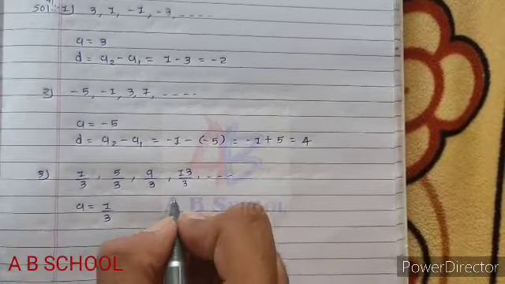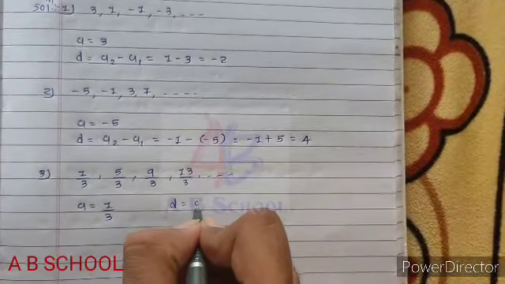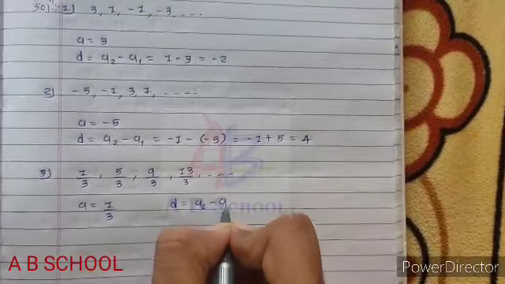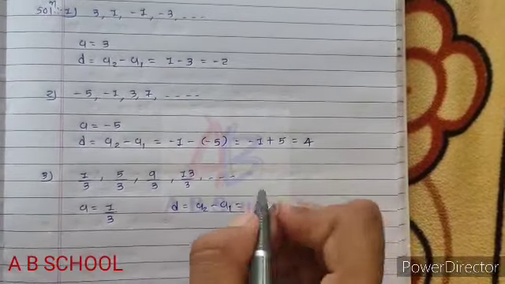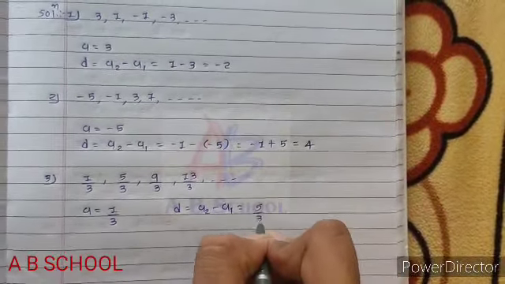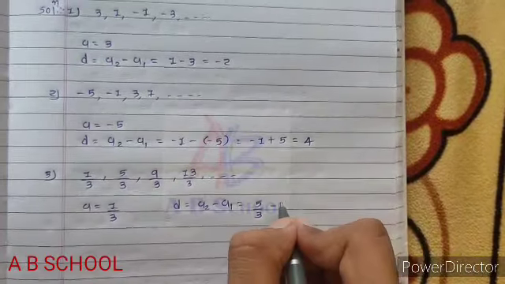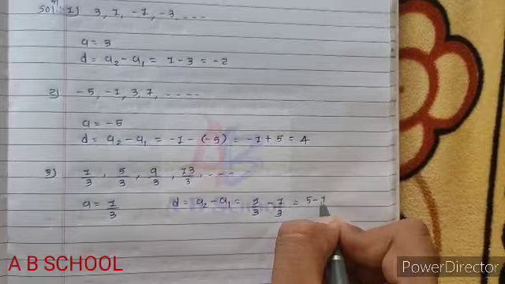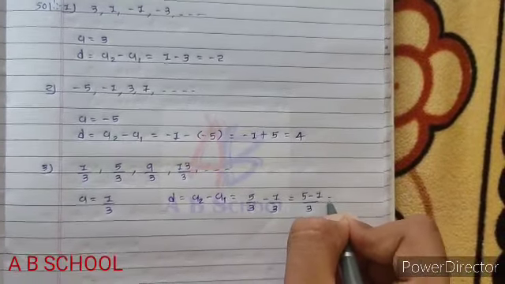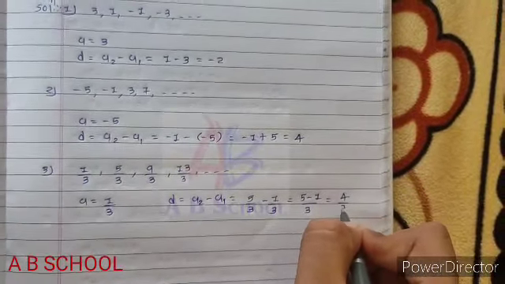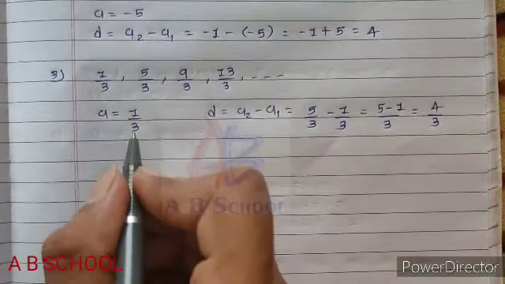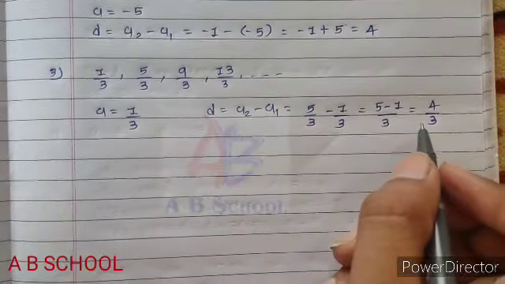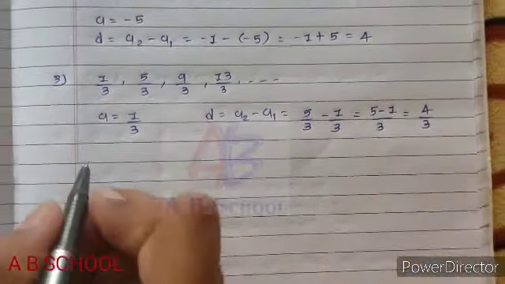For common difference D is equal to A2 minus A1. Value of A2 is equal to 5/3 minus value of A1 is equal to 1/3. So (5 - 1) divided by 3, 4/3. So value of A is equal to 1/3 and common difference D is equal to 4/3.